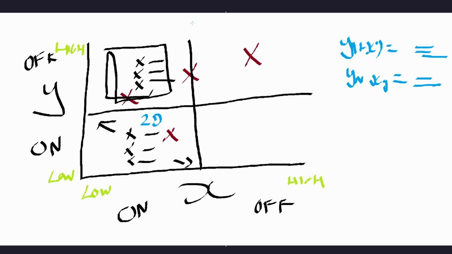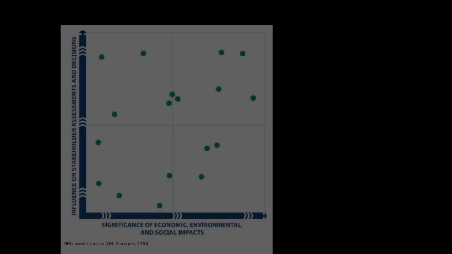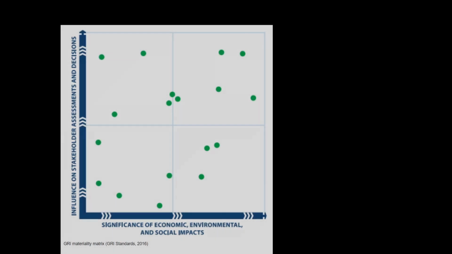Now let's look at why the matrix has been used, or what seems to be convincing people that they need a matrix in the context of the ESRS when it comes to materiality. Here we have the most famous and, I guess, the primary example of a materiality matrix.